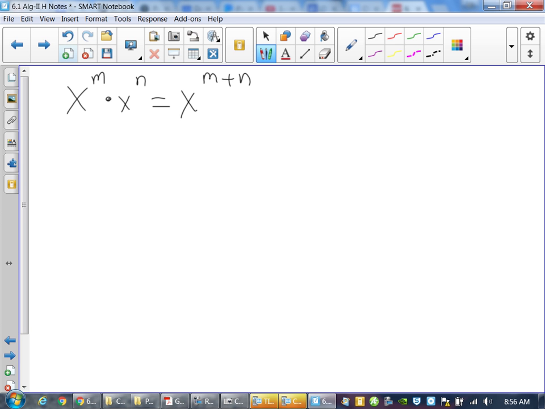What happens if you raise a power to a power? Well, go back to the idea of 2 squared, and if I raise that to the third power, order of operations tells you what to do first. Parentheses. Inside the parentheses, I have 2 squared. What's 2 squared? 4.